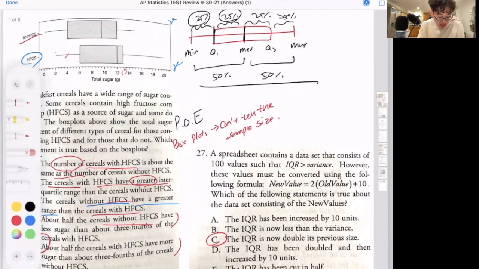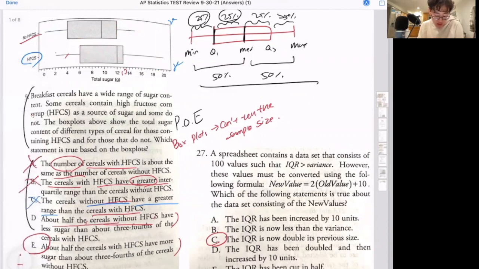What they're basically saying is that half of the cereals without HFCS have less sugar than about 3/4 of the cereals with HFCS. Let's take the highest 3/4. That is three of the 4/4, so it pretty much represents 75% of the highest possible sugar content within HFCS.